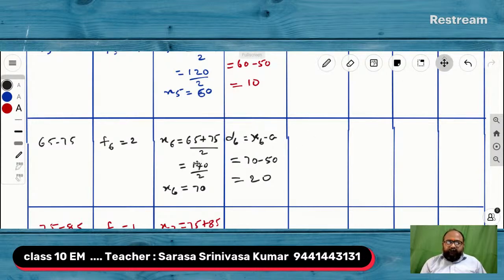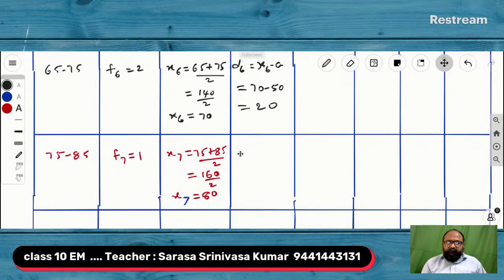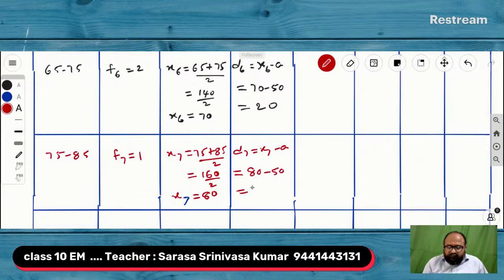Now we calculate d7. d7 equals x7 minus A. x7 is 80. 80 minus 50 is equal to 30. Now we have calculated d1, d2, d3, d4, d5, d6, d7.